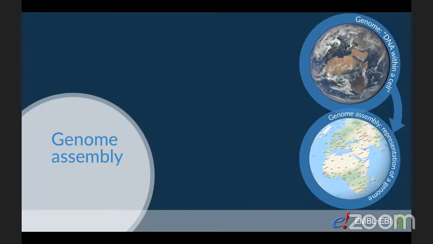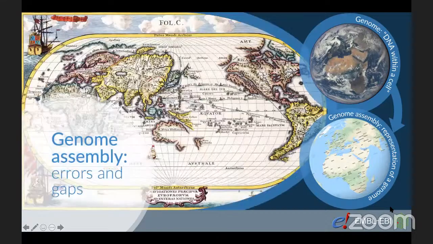Then the genome assembly would be a map, so a representation of it with a coordinate system, some annotation and labeling. And we would like the genome assembly to be as accurate a representation of the globe as possible, like for example, Google Maps. However, in reality, it's something more like this, all right?